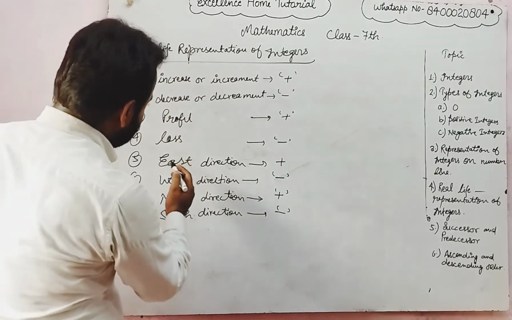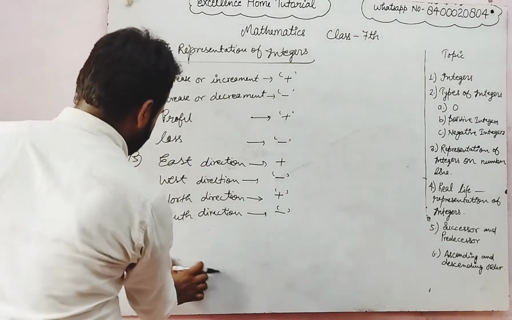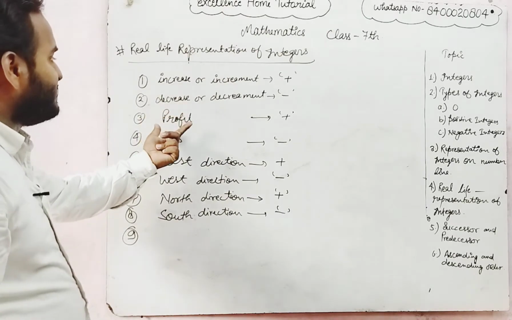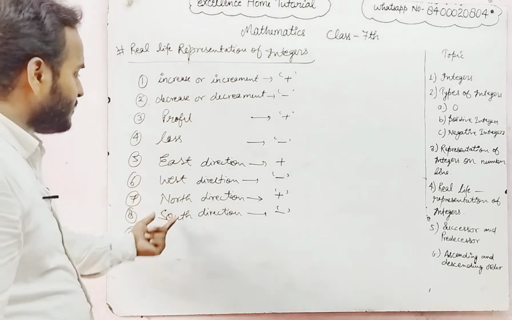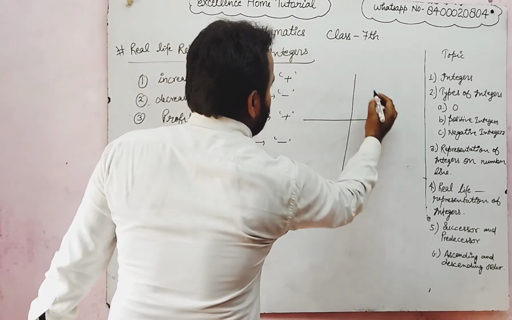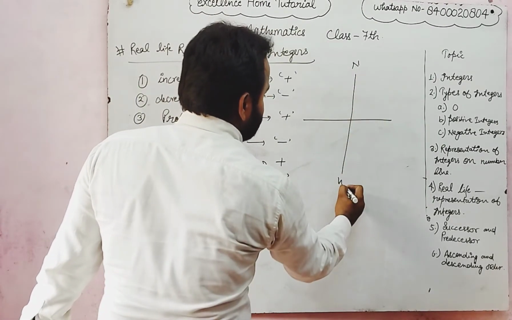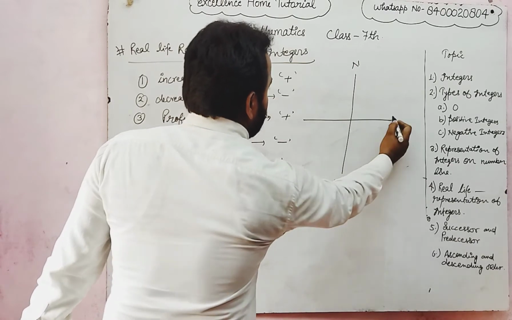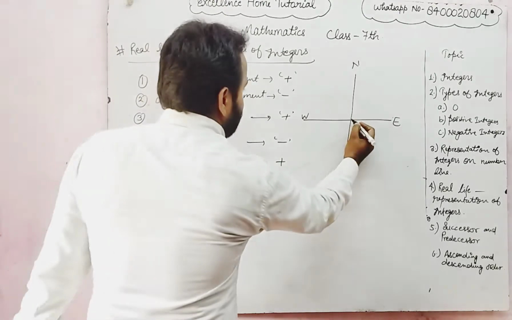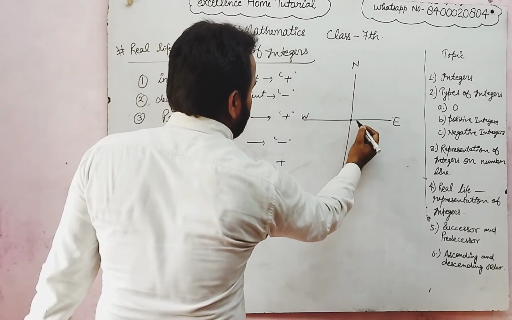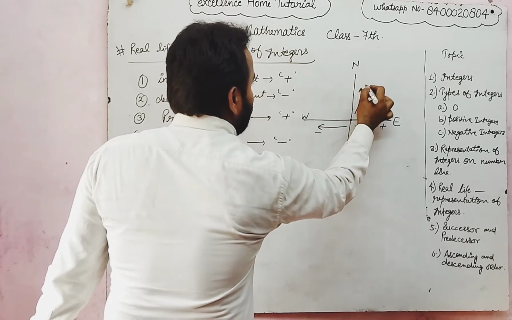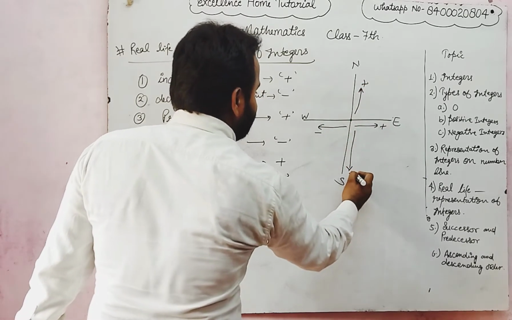After that, there are some examples: increase, decrease, profit, loss, east, west, north, south. As we know, this is the north, this is south, east and west. This is the origin. After that, plus sign, minus sign, plus sign, minus sign.